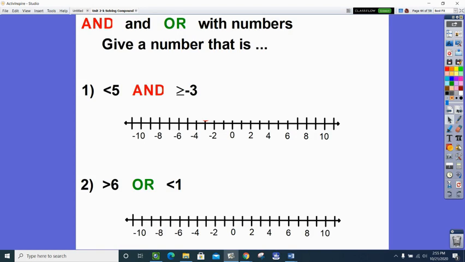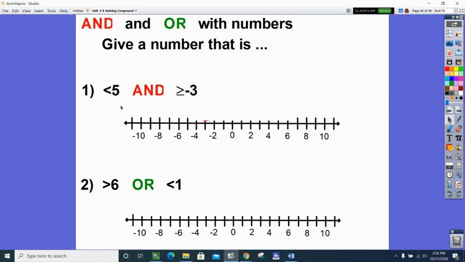So let's bring it back to math. So here's an example of an inequality that is a compound inequality. The word compound just means more than one. So we want to know all the numbers that are less than 5 and greater than or equal to -3.